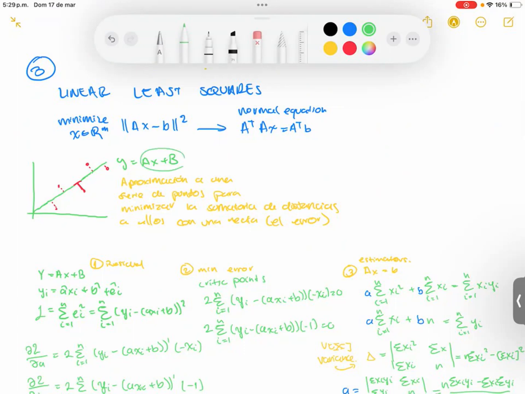These two parameters over here are called estimators, the estimators of the linear equation that will be estimated towards doing the approximation of the points that we're having.